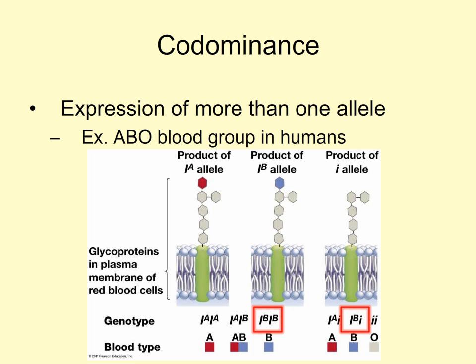The same thing applies for type B blood. And a genotype with two alleles that produce neither carbohydrate, the recessive allele, results in type O blood. But we see codominance in type AB blood because both carbohydrates are expressed. This is because both alleles are dominant.